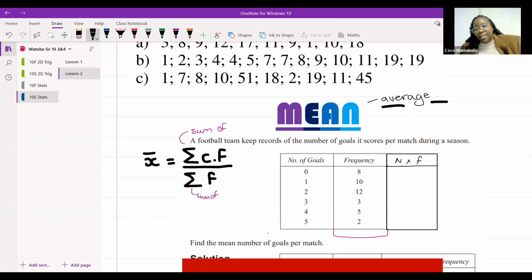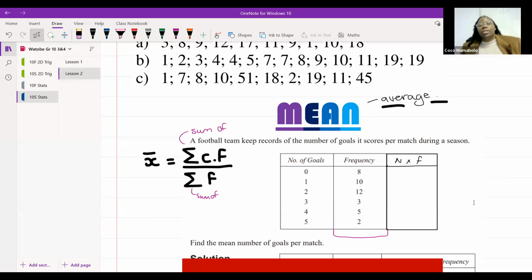The frequency? Midpoint or something, because we were told about midpoint. The column that you added up there, the cumulative frequency, is it replacing the midpoint?